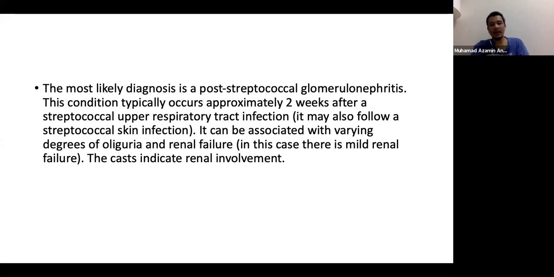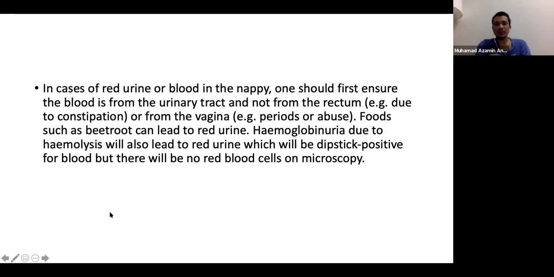Okay. And then as I mentioned before, red cell casts in the microscopy of the urine indicate there is renal involvement. Okay. The thing is, you can have red colored urine but there's no blood in there. That means it could be due to medication, food, or other conditions that can cause red colored urine that's not due to red blood cells. Okay.